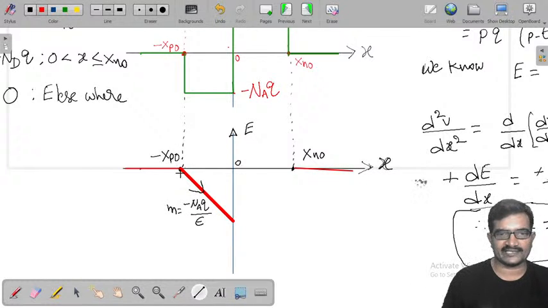Now at x equals minus xp naught, the electric field value is 0.